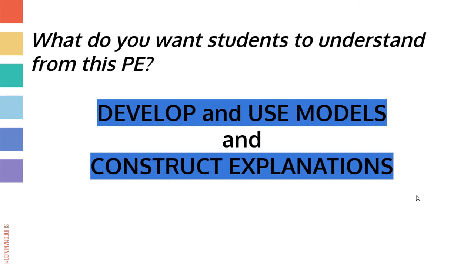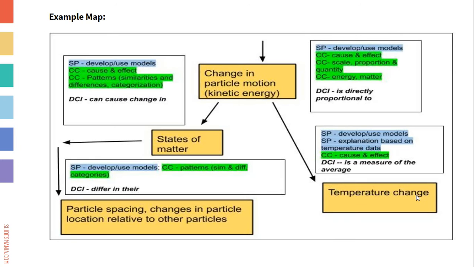So what we want students to understand from this PE, we want them to have experience with developing and using models and constructing explanations. So try to use those in your performance or your learning performances. You can see there, each of those blue highlighted parts are those practices.